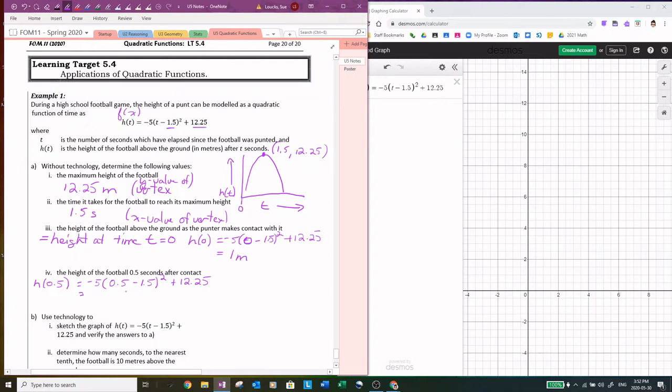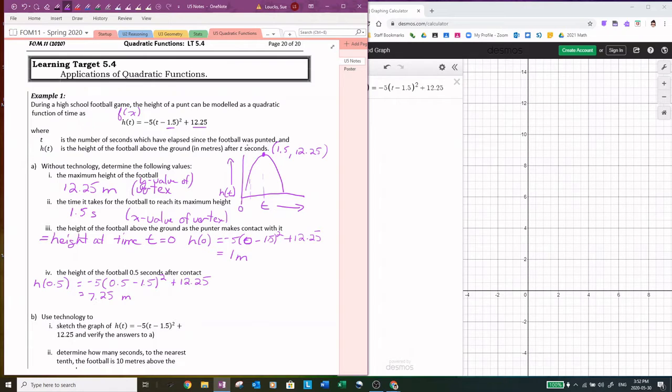And my calculator tells me that this is 7.25 meters. Does that make sense? Yeah, it does actually, because it definitely goes up faster earlier, and if this is 1.5 seconds and this is 0.5 seconds, yeah, that makes sense. 7.25 meters seems reasonable at least. It's not 30 meters. 30 meters would be a problem, or a negative number of meters, we'd have a problem. Okay.